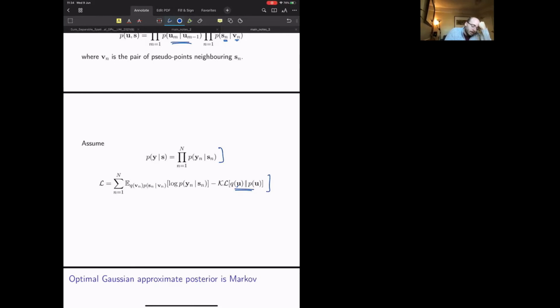It factorizes over n, and because of this conditional independence structure in the conditional distribution over Sn given all of the pseudo-points, i.e. it just depends on the neighbors, the only pseudo-points that we care about for the nth term in the reconstruction term are the neighbors of the observation we're interested in.